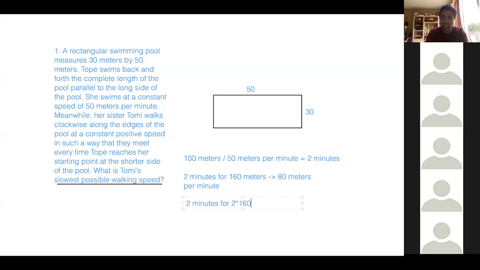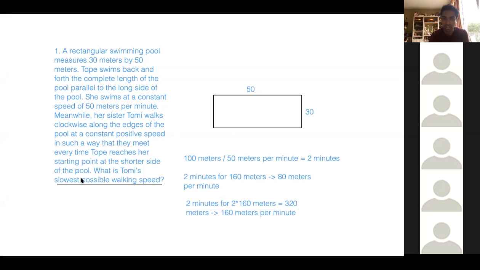Otherwise, she could have done 2 rounds around the perimeter in the same 2 minutes, and they would still meet when Taupe does back and forth in 2 minutes. So 2 times 160 meters is 320 meters in 2 minutes, so the next would be 160 meters per minute. And so on. You could have done 2, 3, 4 rounds in the same amount of time.